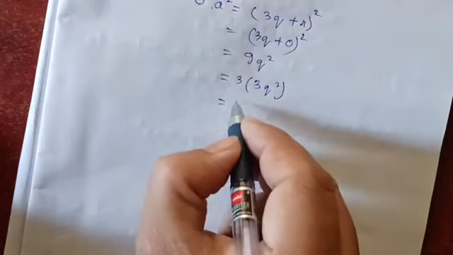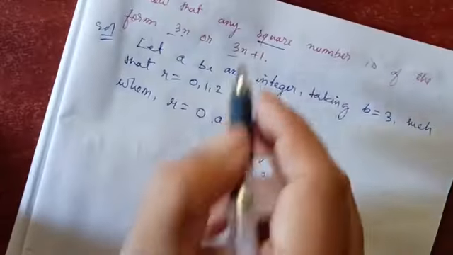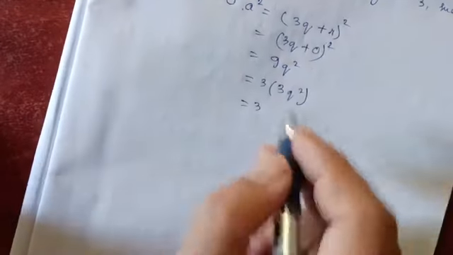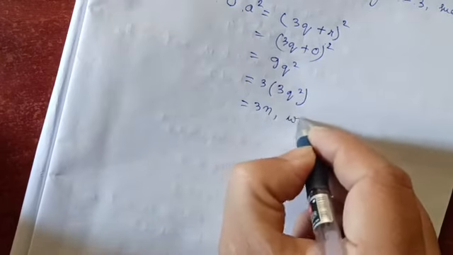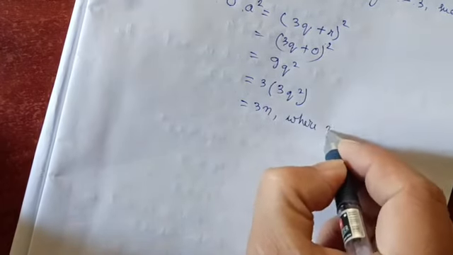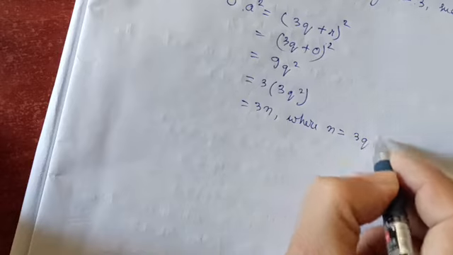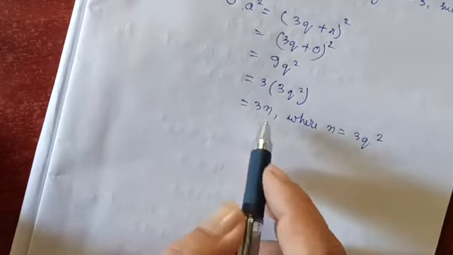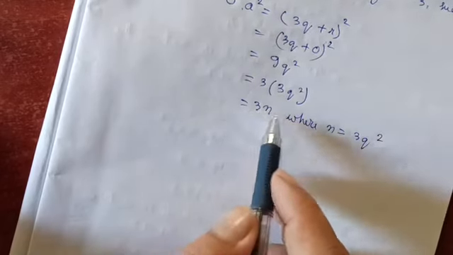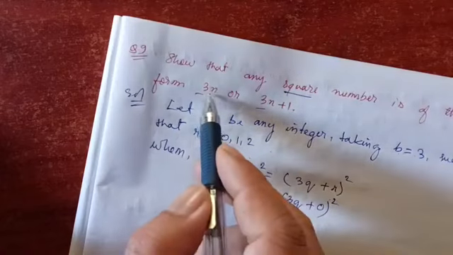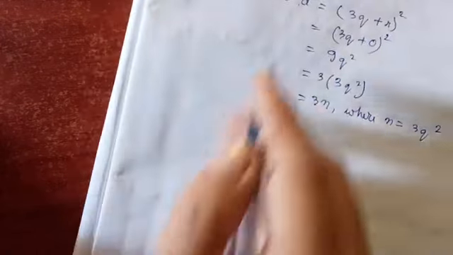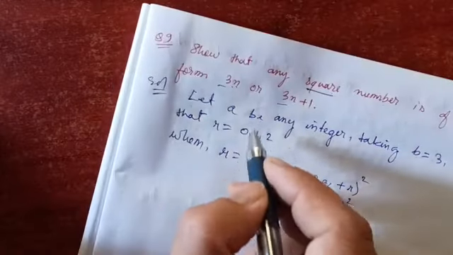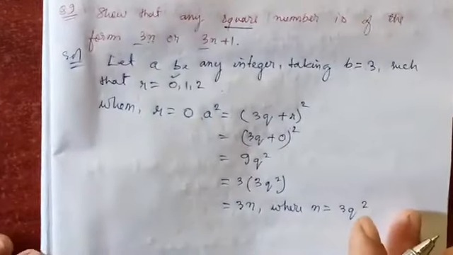The number inside the bracket we replace with n, where n equal to 3q square, so we get 3n. The question says that we will get 3n, so it's very easy, so 0 is finished.